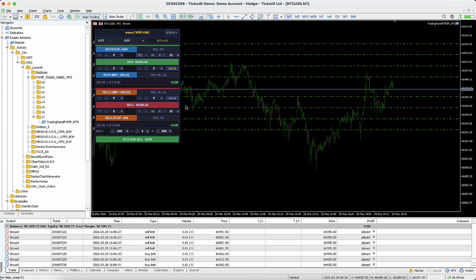Take profit and stop losses, I will show you how they work later. Once you see the trailing stop, you activate it like this, for buy and sell, and the serial will be activated. In this case, the panel trading robot will place a trailing stop from break-even.